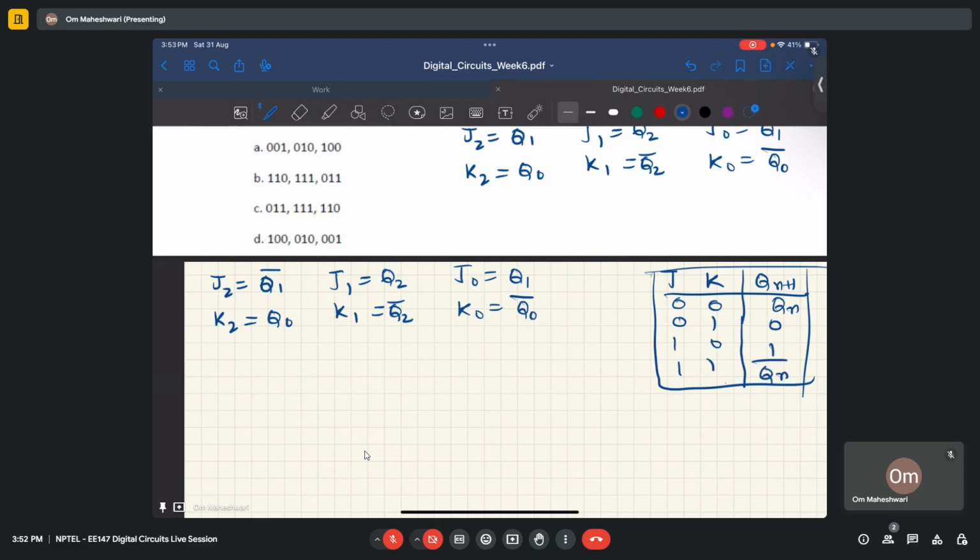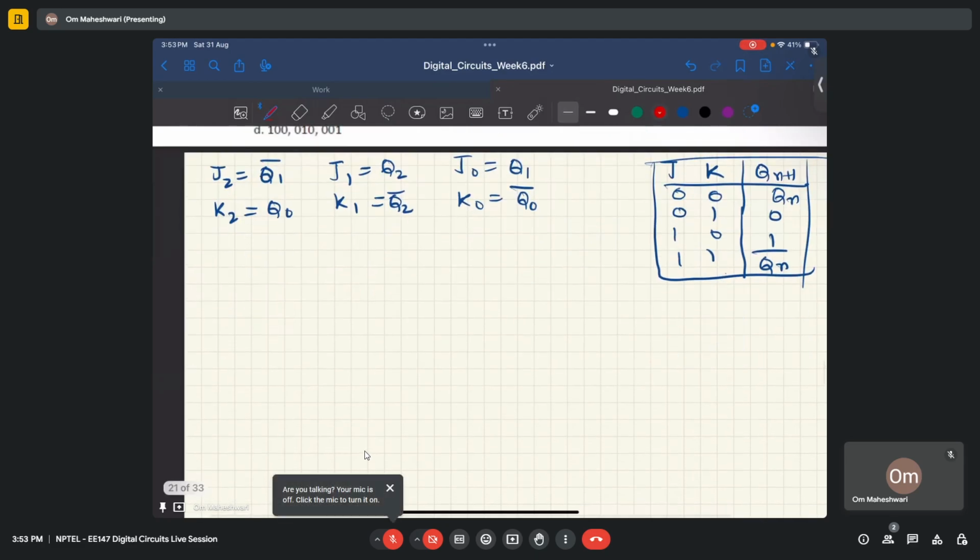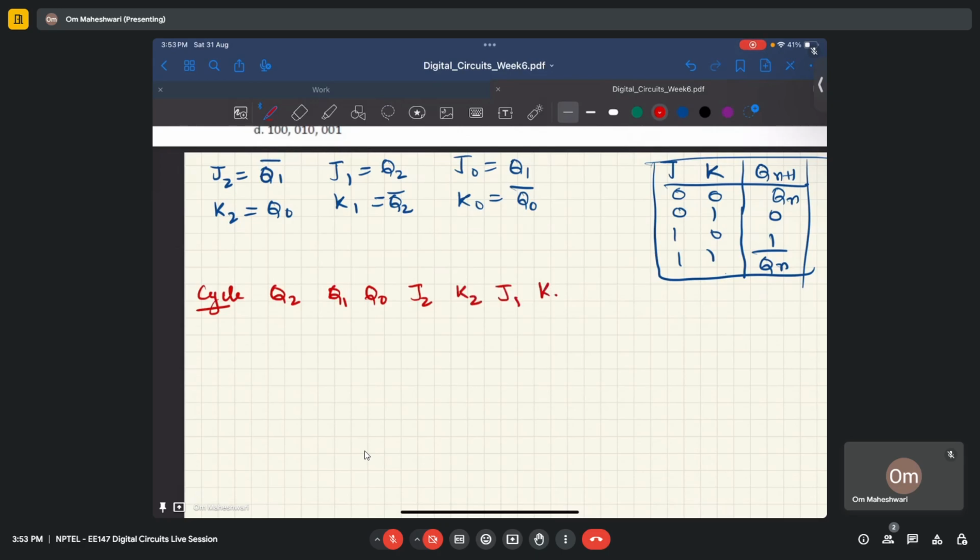Okay, so we have here, say this is the cycle, this is Q2, Q1, Q0, then we have J2, K2, J1, K1, J0, K0, and here Q2 plus, Q1 plus, and Q0 plus.